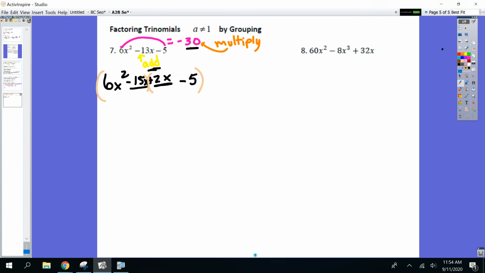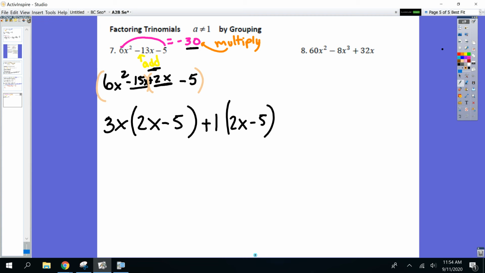So I can take out, let's see, 3x and be left with 2x minus 5. Doesn't look like it can take anything out of the second one. If that's the case, it's always a 1. And now I finish grouping. There it is. So you just have to make those 3 terms into 4, and you'll be fine.